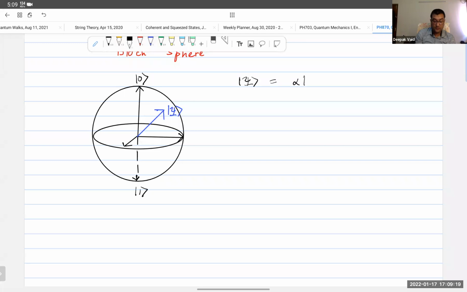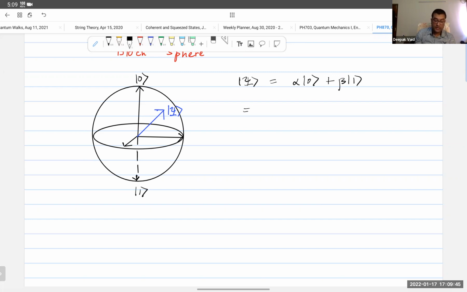Now we can write down a qubit as a superposition alpha 0 plus beta 1. We will use a slightly different parameterization, which allows us to map this to the Bloch sphere. That parameterization is the following. We can write this expression.